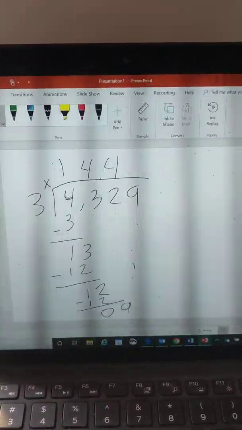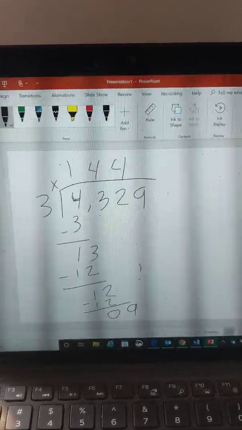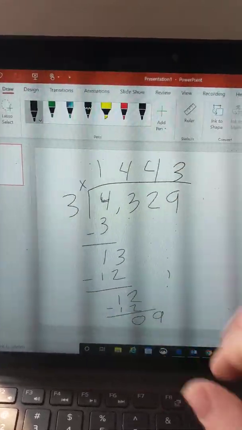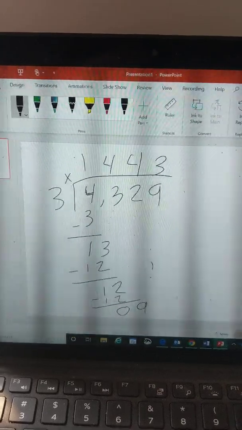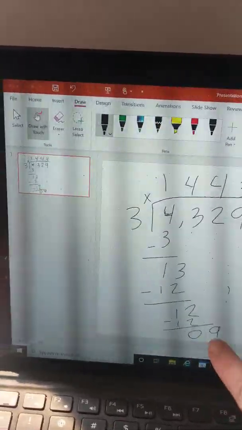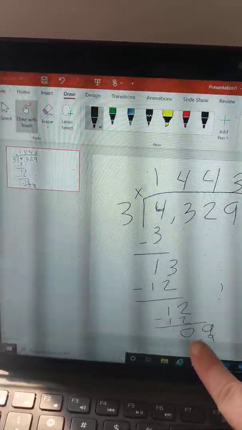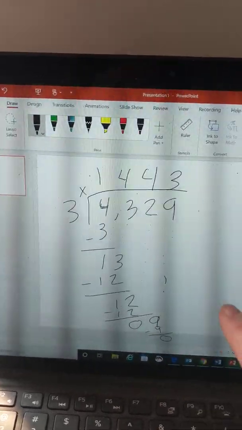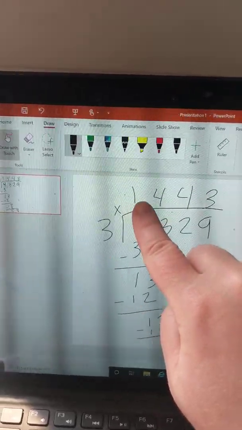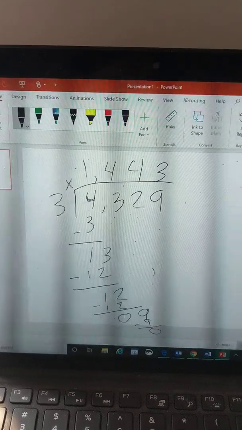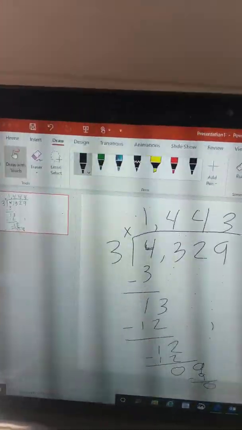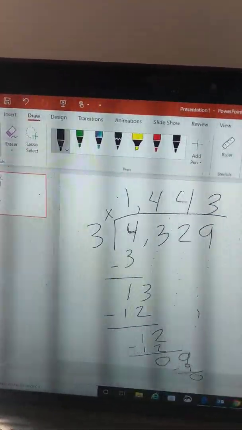And so we ask ourselves again, 3 goes into 9 3 times. 3 times 3 is 9. Now I'm running out of room. We subtract and we get 0. That means our answer is 1,443.